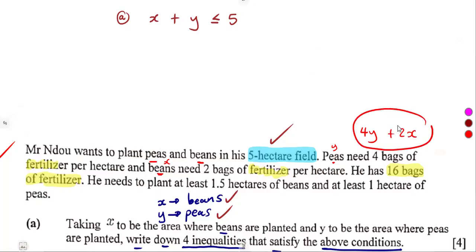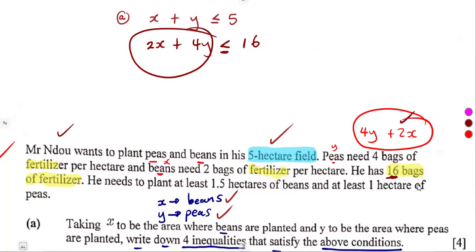If we combine these bags together, 2X plus 4Y, in terms of the bags of fertilizer that Mr. Ndou has, we are given that he has 16 bags. So he can use less than 16 bags of fertilizer, or he can use all 16 bags. So it must be less than or equal to 16.